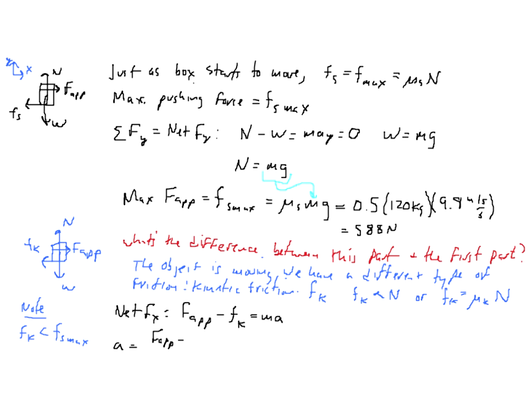And let's just quickly note over here, F sub k is mu sub k times the normal force, or in this case, minus mu sub k mg, divided by m, equals a. And if we plug those numbers in, we come up with 1.96 meters per second per second.